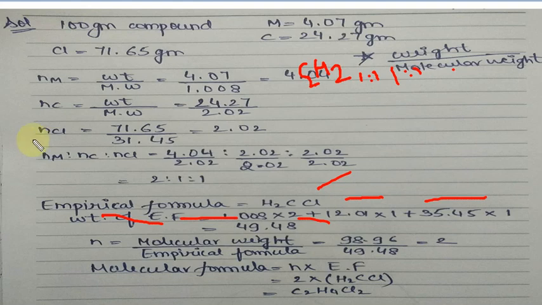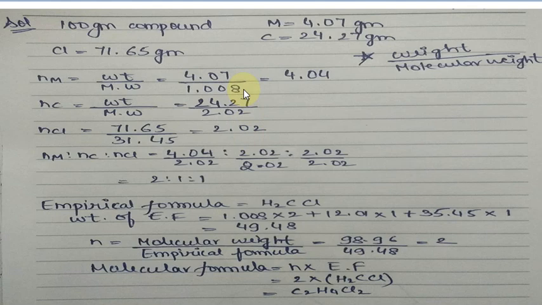The question is that a compound contains, you may take the help of your book here to see the question. So a compound contains 4.07 hydrogen. So percentage composition of hydrogen is 4.07. यहाँ पे हमने हाइड्रोजन, this is your hydrogen, and 24.27 given carbon, and 71.65 is given your chlorine.